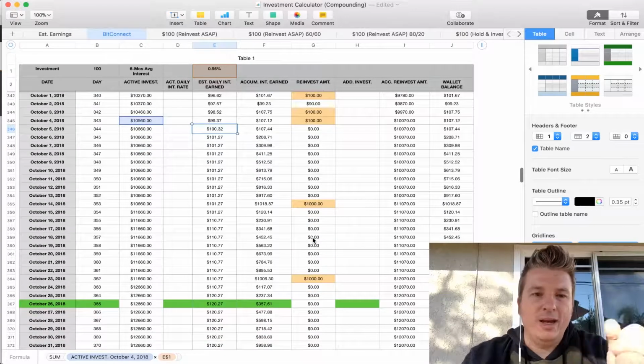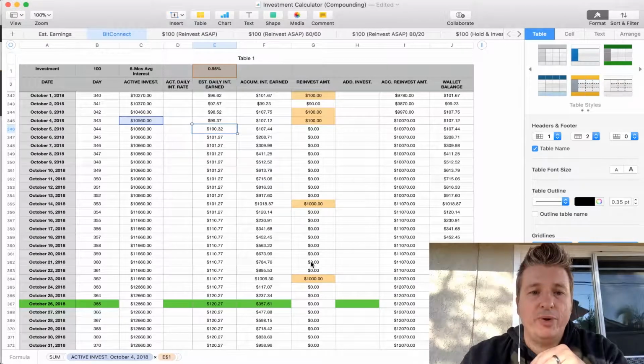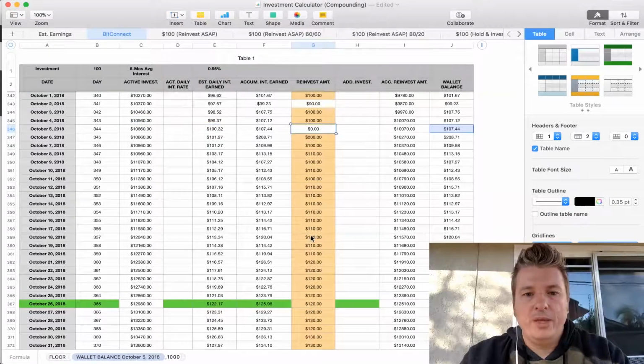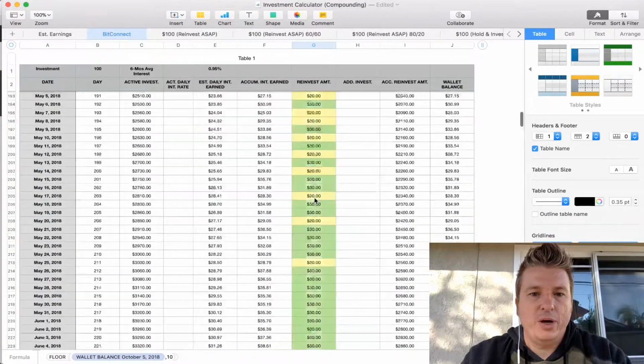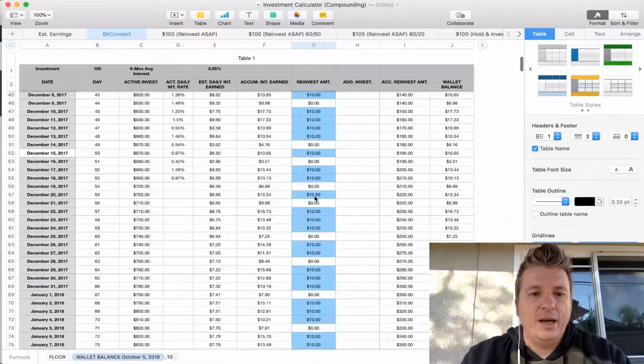So listen, I'm going to stick to my original estimate. I'm going to say it's better just to keep reinvesting as much as possible. I don't think there's any real point in going through this all over again. I've already done all the math, and I've already done videos on the math. I think it's a pretty solid strategy. Reinvest $10 in $10 increments as soon as you can. Don't wait.